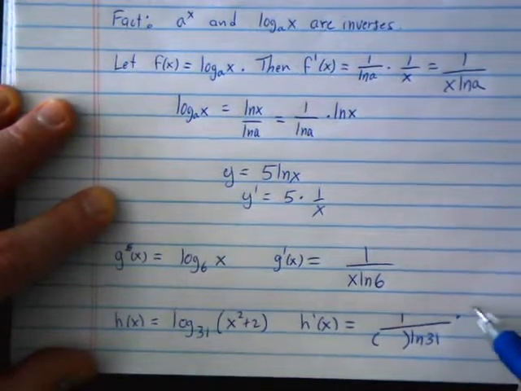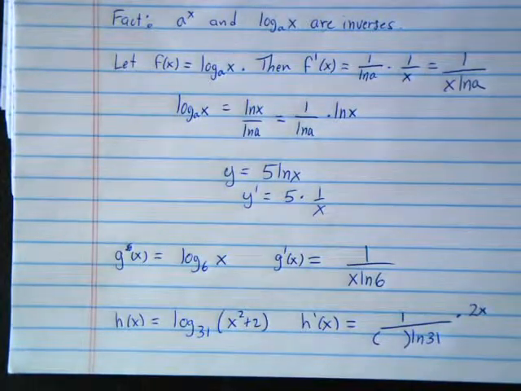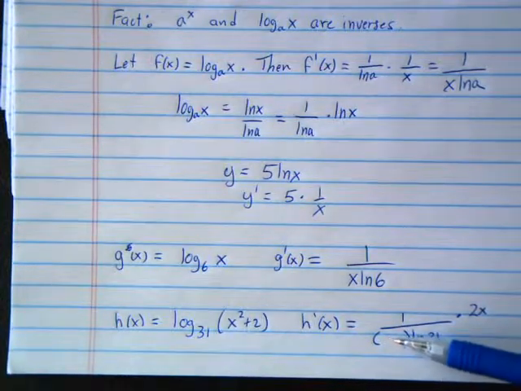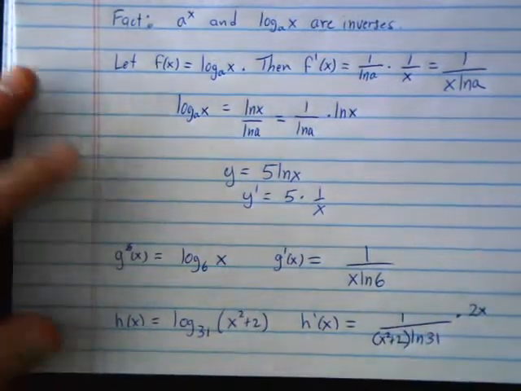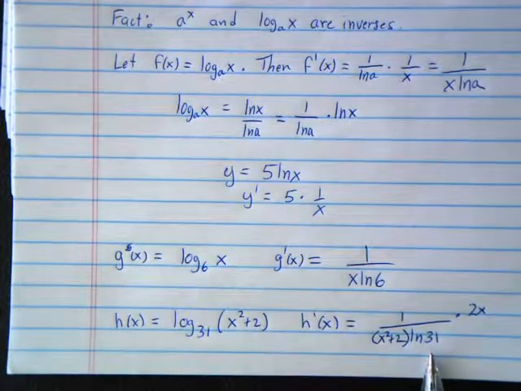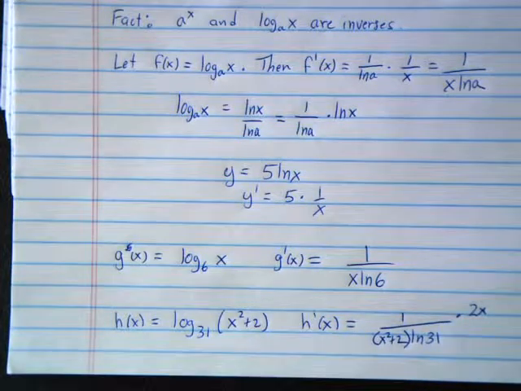The 2x goes here. That's the derivative of the inside. So you're right. You need to use the chain rule. So it's going to be 1 over, what goes down on bottom? X squared plus 2. You leave that alone, don't you? And then because this is log base 31 and not ln, we also have an ln 31 on bottom. And then we have to multiply by the derivative of the inside. We have to use our chain rule. The derivative of the inside would be 2x. Questions on that?